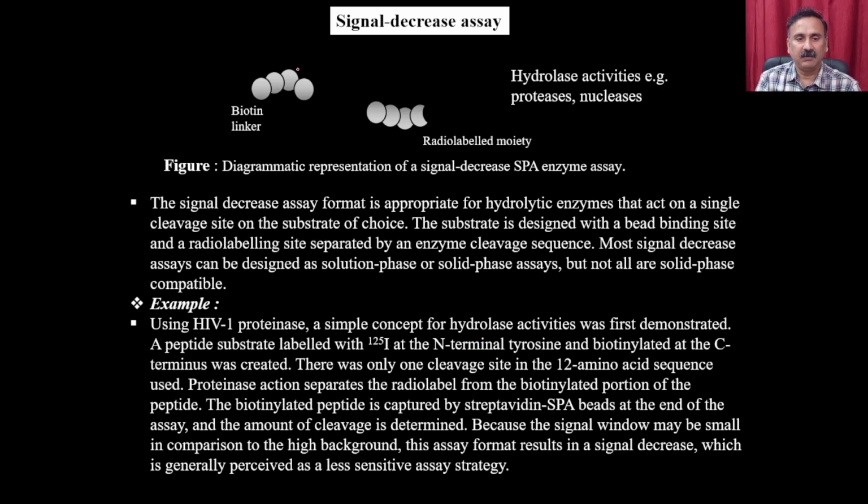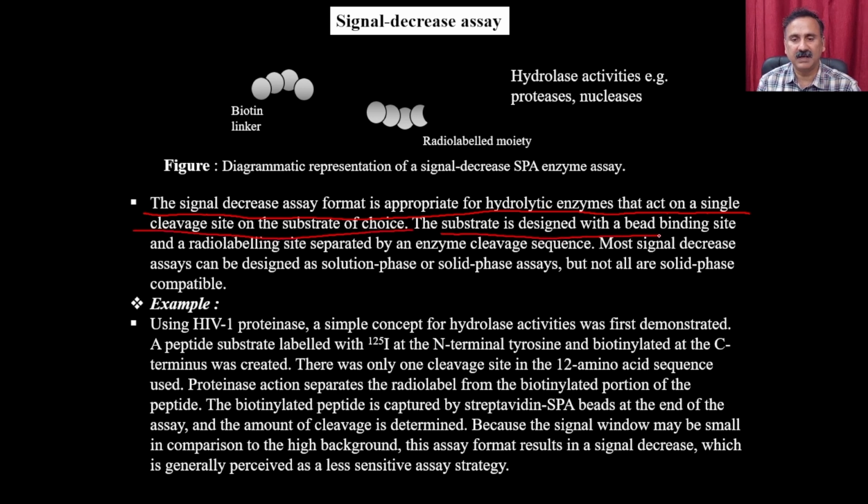So this is what it is showing, how you can use it. Either you are going to have an increase in the signal, or a decrease in signal. The signal decrease assay format is appropriate for hydrolytic enzymes that act on a single cleavage site on the substrate of choice.